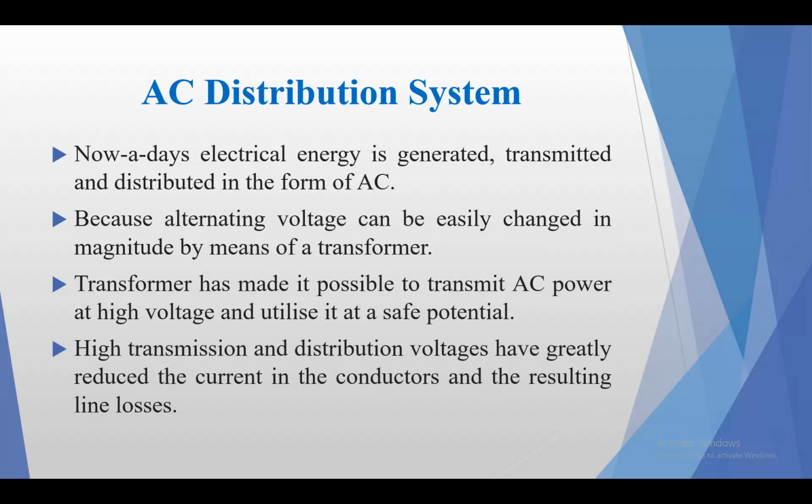With the help of a transformer we can transmit the AC power at a higher voltage in order to minimize the losses, and then use a transformer to step down this high AC voltage to low voltage for the specific use. So high transmission and distribution voltage have greatly reduced the current in the conductor and the resulting line losses.